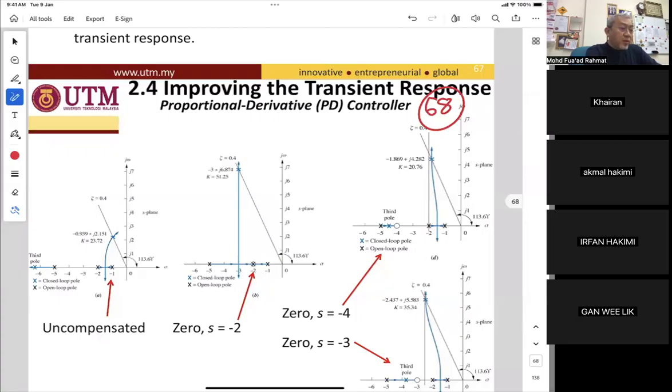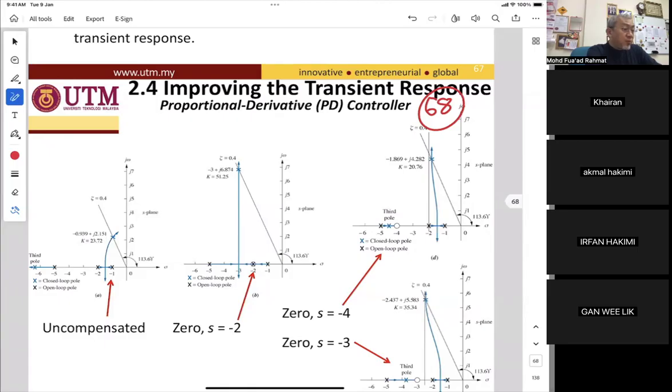Yet reducing the steady state error takes a long time. From the previous examples, it took about 500 to 600 seconds to achieve zero steady state error. That is too long, about 10 minutes.